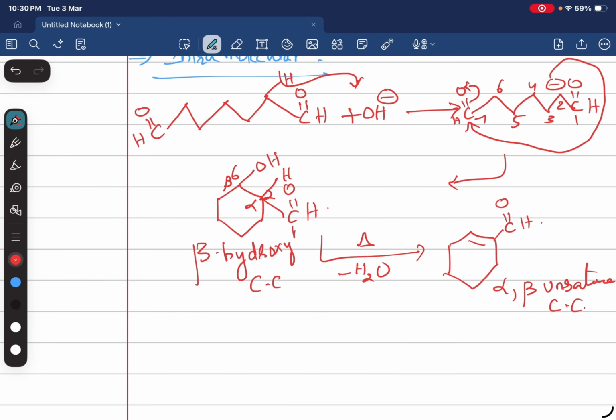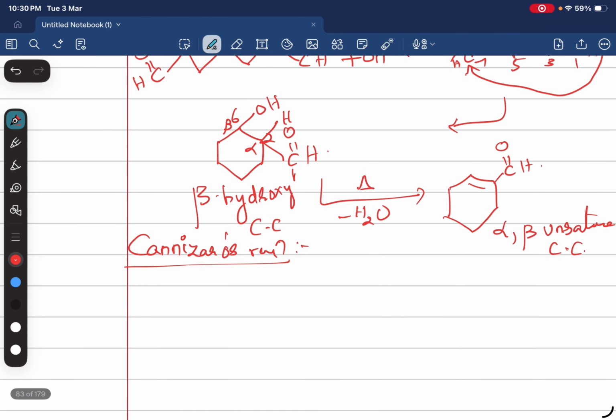So coming to the Cannizzaro reaction. This is the next most important reaction. Compounds where no alpha hydrogen is present undergo this reaction, and concentrated base is used here.